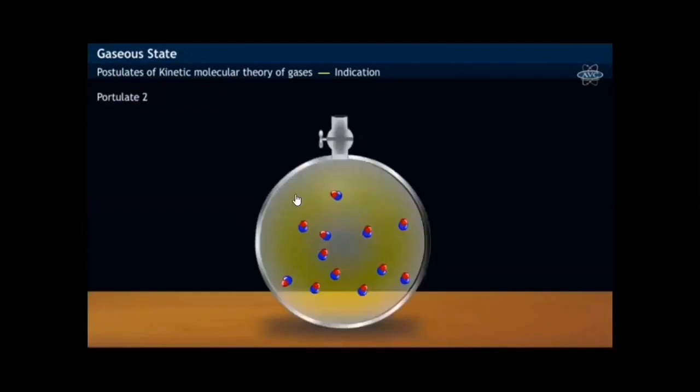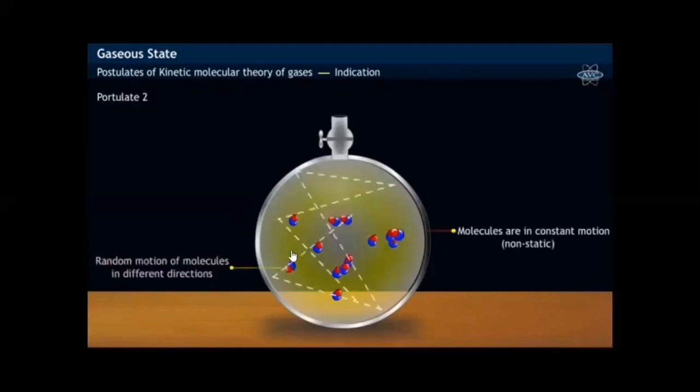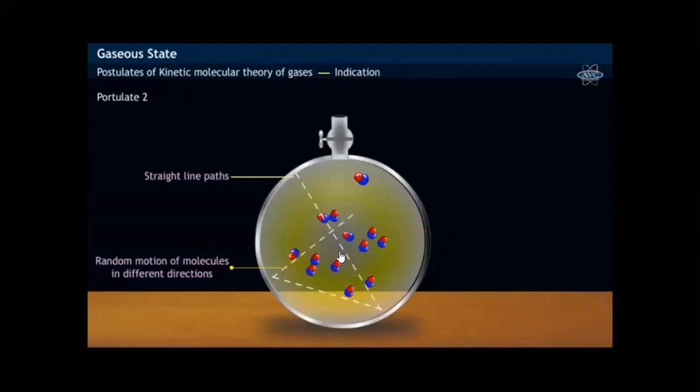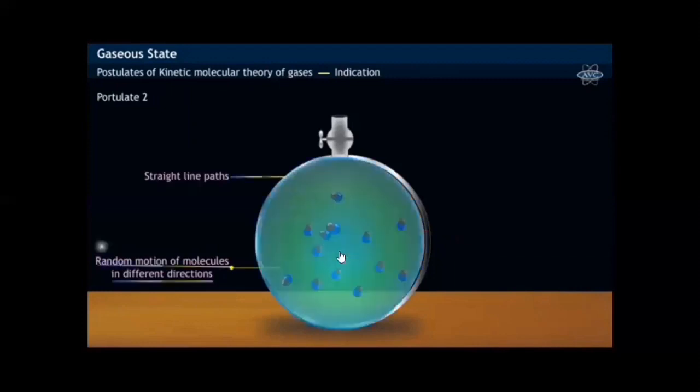And postulate number 2: the molecules are constantly in motion. The motion is completely random. The keyword is random: in all directions with all possible velocities, and the range of the velocity is 0 to infinity.